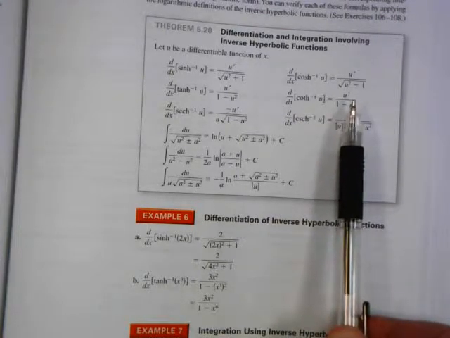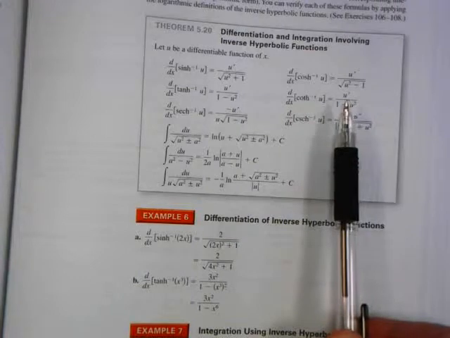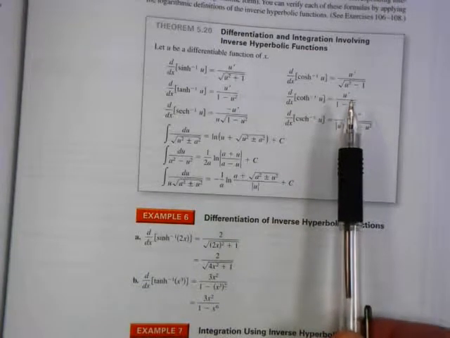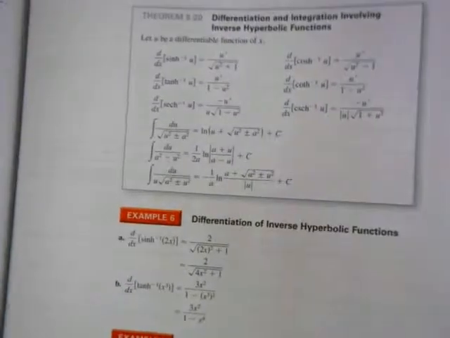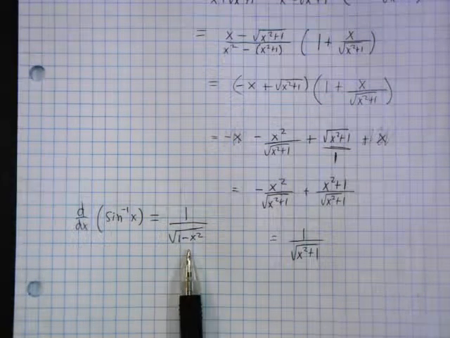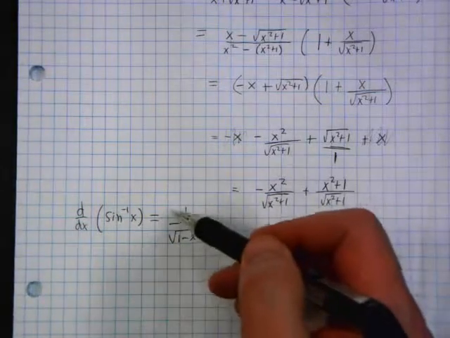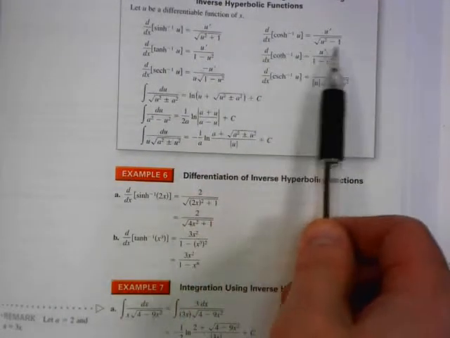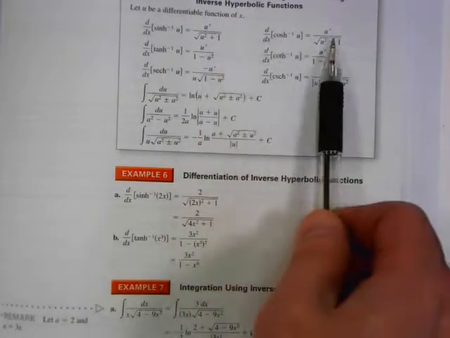What was the derivative of regular old cosine inverse? Looked a lot like this one. It had a minus sign in front of it. So kind of the same idea. The minus sign switches. This one was the plus, this one was minus.